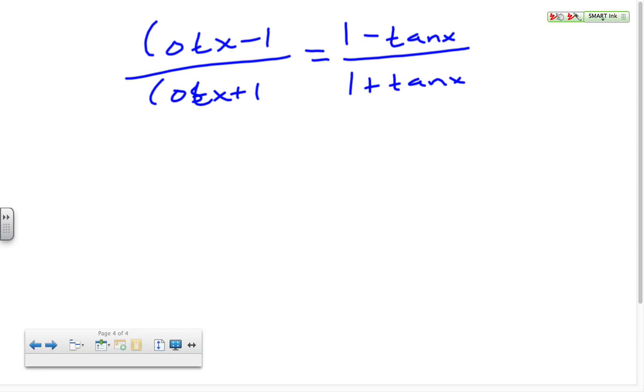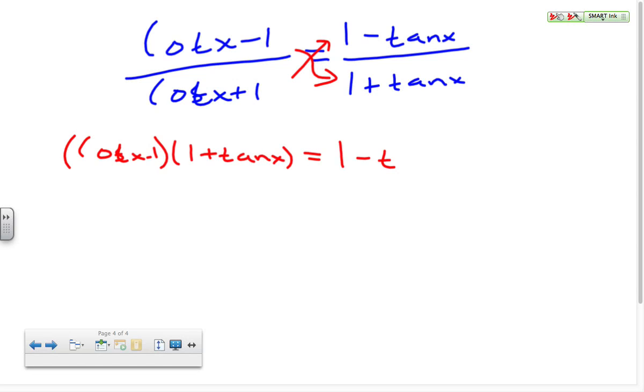So I'm actually going to start off by going ahead and cross multiplying. So I'm going to do the cotangent of x minus 1 times 1 plus the tangent of x. It's going to be the same thing as 1 minus the tangent of x times cotangent of x plus 1.